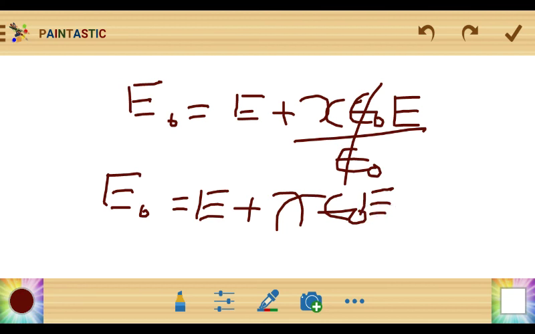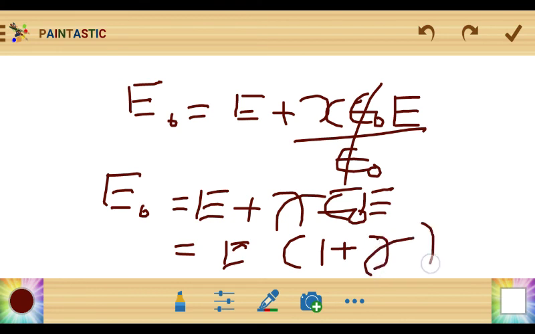So we can take out E, so xi E only is left. E can be taken out, so E0 is equal to E into (1 plus xi).